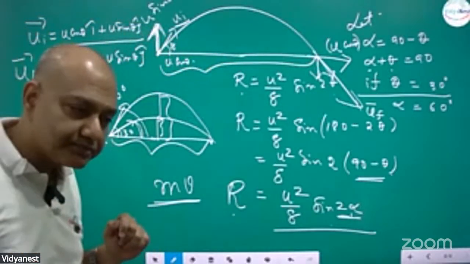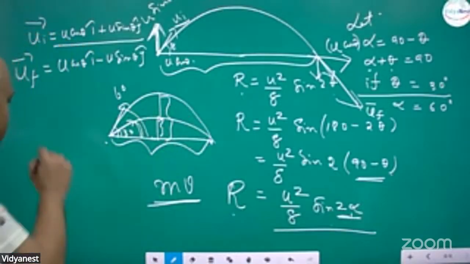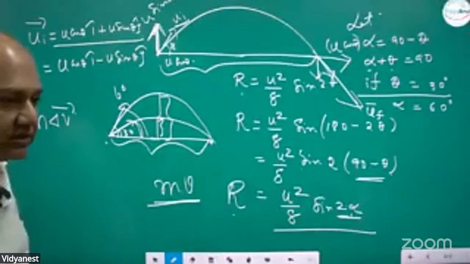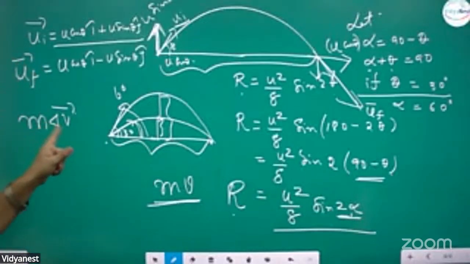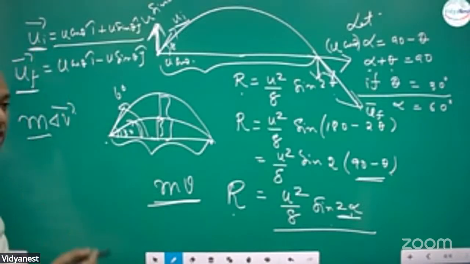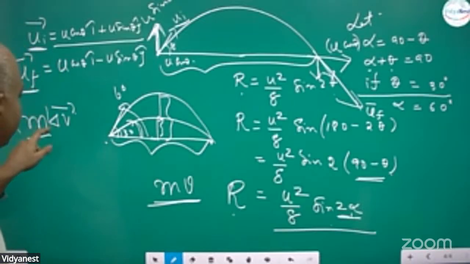Therefore the momentum change means mass into change of velocity, delta v. This is called change of momentum. Change of velocity multiplied by the mass is called change of momentum. So how can I get the change of momentum? Final velocity minus initial velocity: if I subtract these two, I get the change of velocity, then if I multiply with the mass, I get the change of momentum.